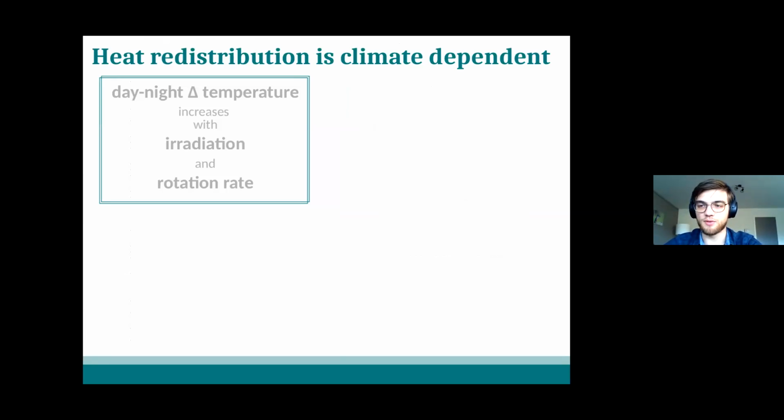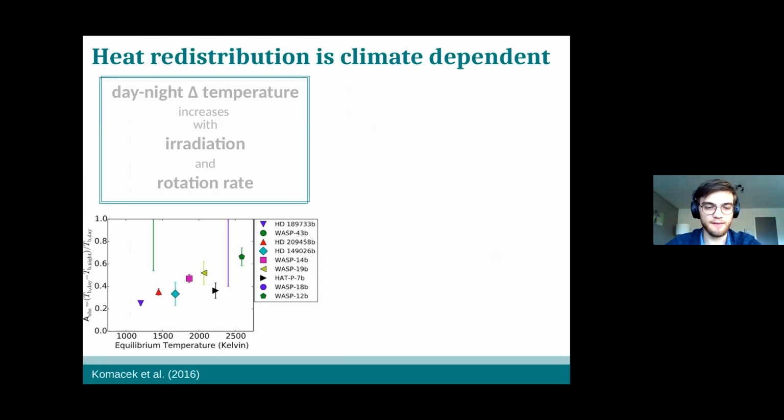Now, there's good news that we can also have some observational constraints of that. This is a plot, for different exoplanets, of the day-side, night-side temperature contrast plotted with respect to equilibrium temperature. You can see indeed that for hotter planets, this contrast increases. So that is in agreement.